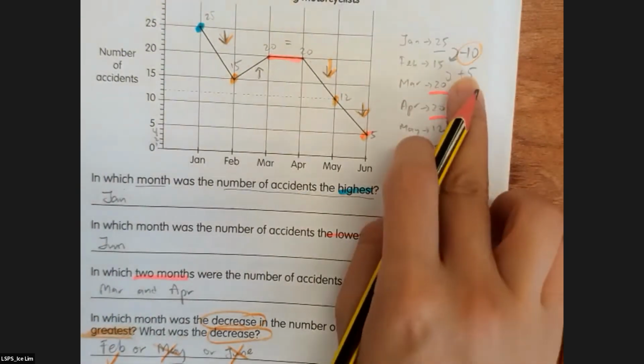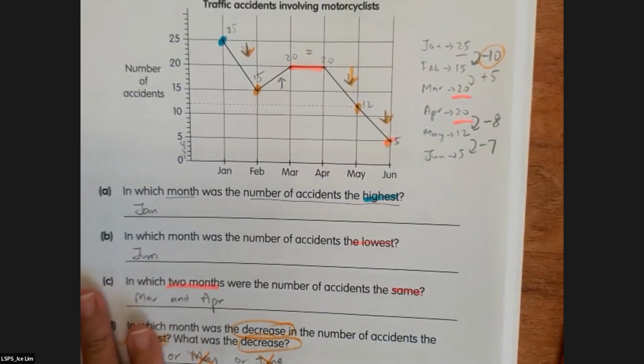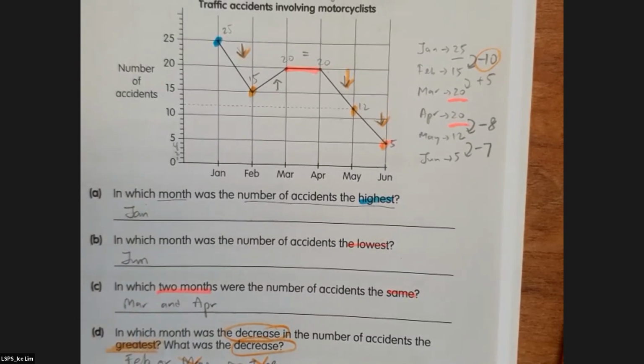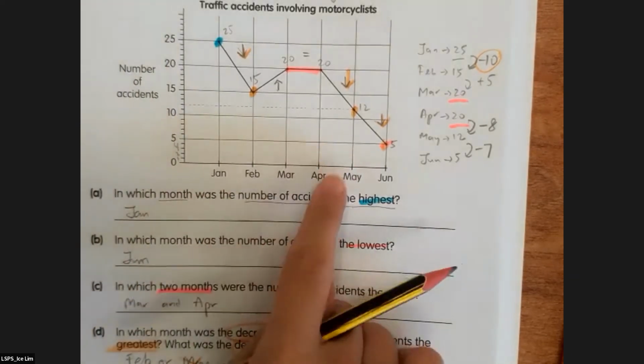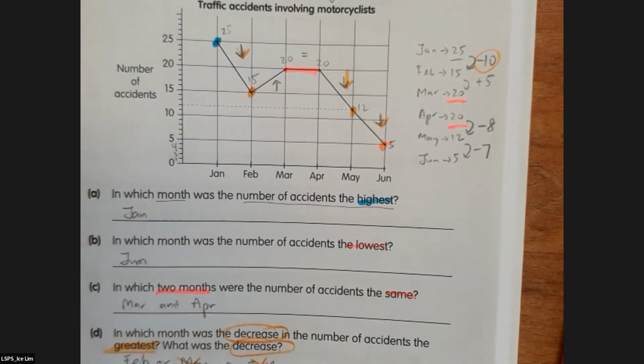So based on my calculations, it's very clear that February is the greatest decrease, the greatest drop. Now, my question is, if I don't use these values, I just look at the line graph, how can I describe the graph to know that it's the greatest decrease? Stefan, you want to share with us?